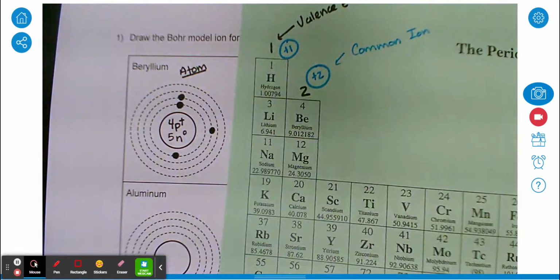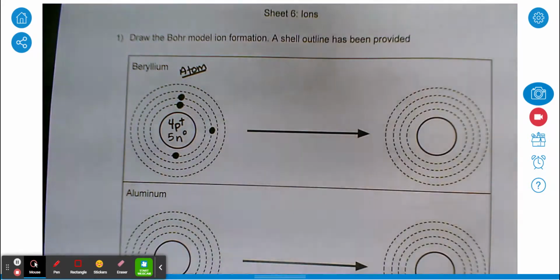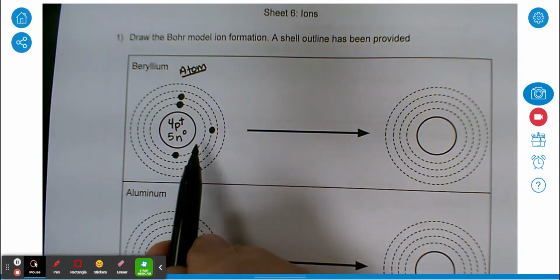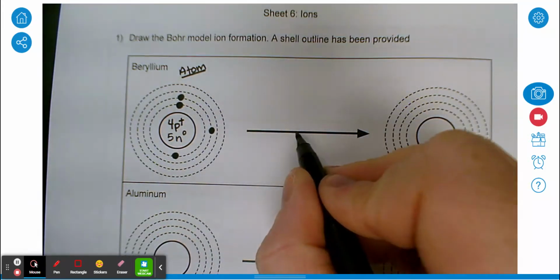Now, my outline just provides 4 shells all the way down, so you don't necessarily have to fill them. It's there to help a little bit with not having to draw the outline every single time. Okay, now, path of least resistance. Shell 2 can either lose 2 or gain 6.